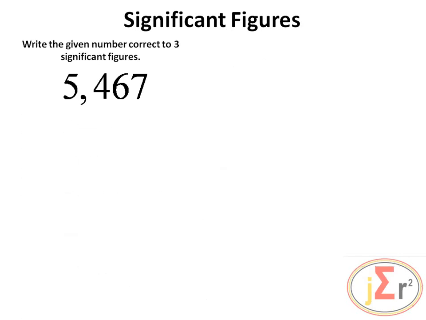Now, we are going to write the given number correct to 3 significant figures. So what do we do first? We take a look and highlight that 3. We are going to the third significant digit. That's what we are going to identify first.